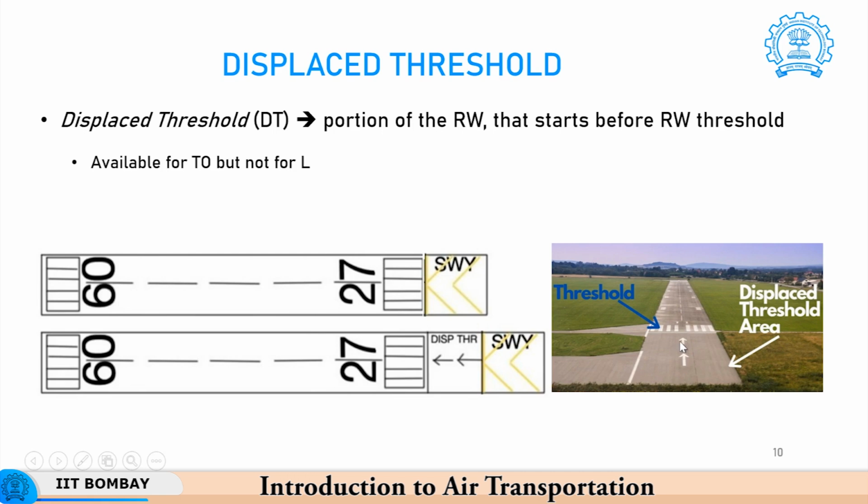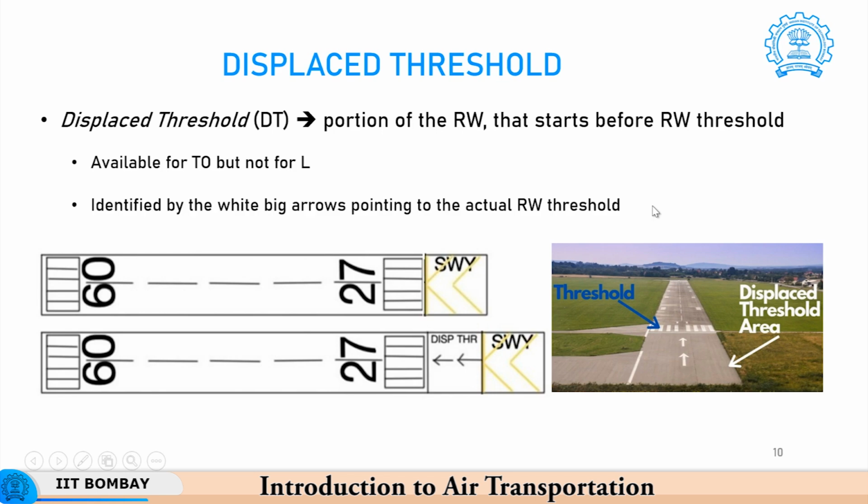So, this distance is available in this direction for takeoff, but not for landing. And in the charts that the crew members carry on board, such areas are identified by these white big arrows on the actual runway threshold.